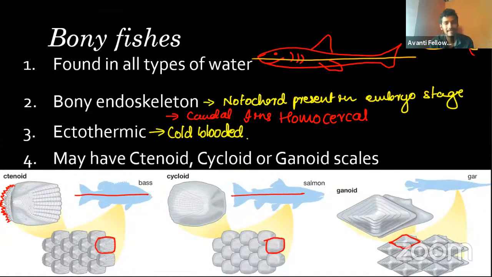They don't have any teeth modified from the scales. So remember, in Osteichthyes the scale may be ctenoid, cycloid, or ganoid. It does not help in the formation of teeth because bony fishes have bony teeth, because they have a bony endoskeleton. Correct. Yes, Jivan. So this is the major thing.